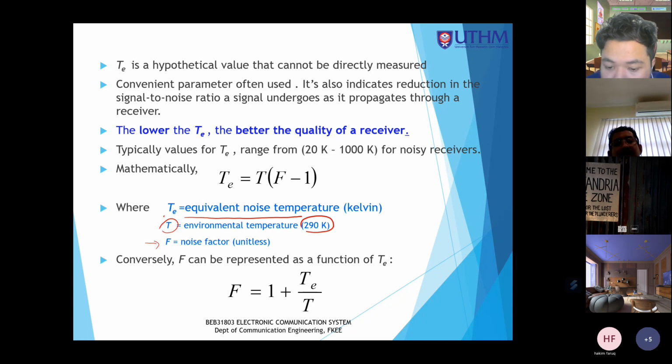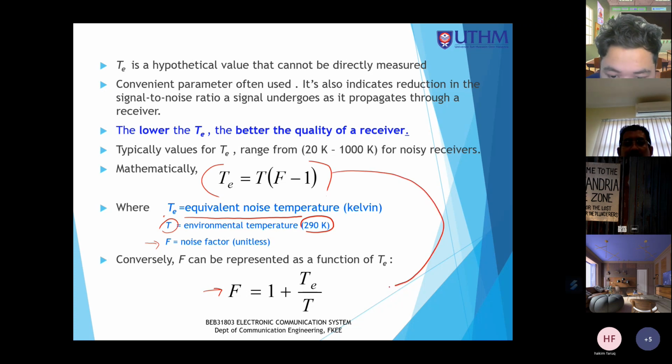Okay. And the noise factor here. So now we want to relate F and also the TE. Macam mana kita nak kaitkan noise factor dan juga equivalent noise temperature. So pada asalnya yang ini, kita boleh susun semula. Okay, susun semula. F is actually equal to 1 plus TE over T. Okay, so ini bukan total, this is for single device.